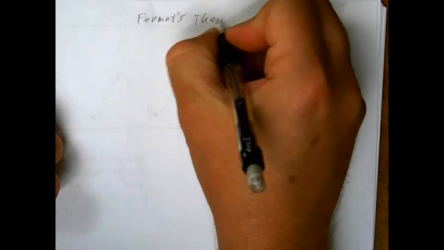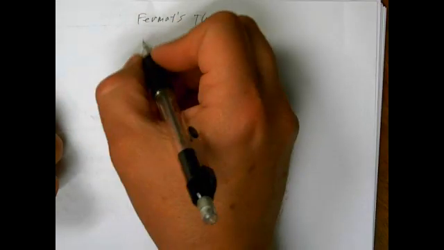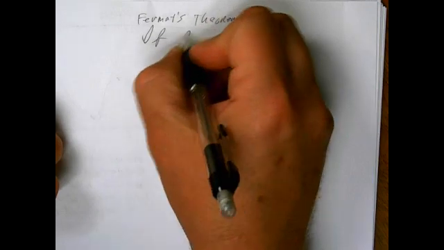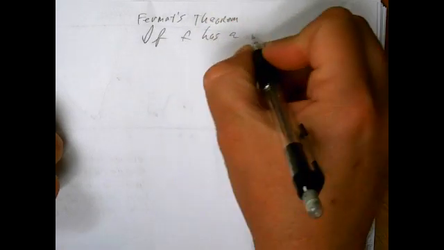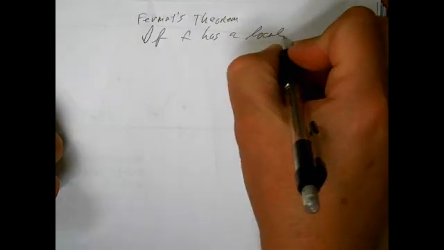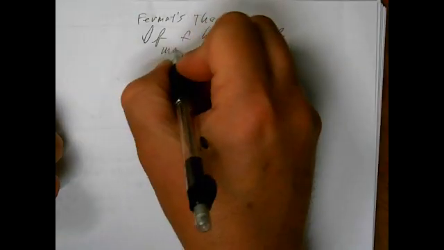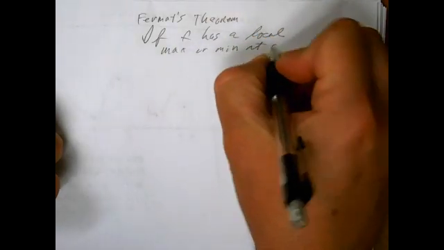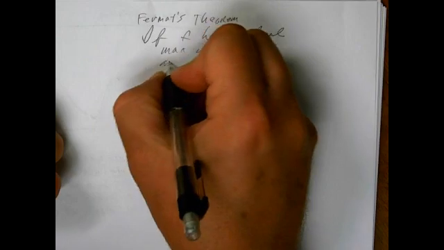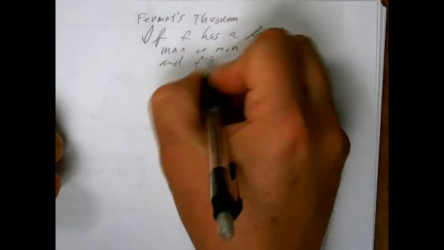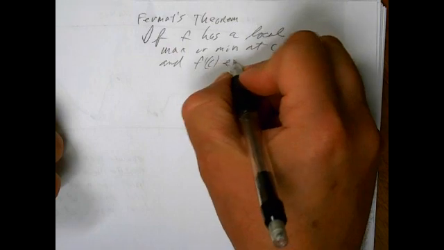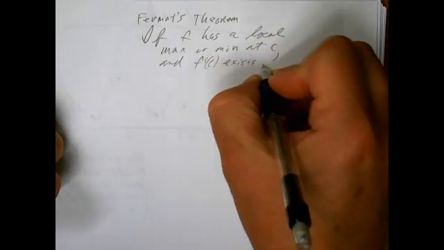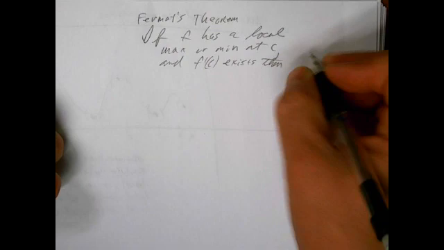And Fermat's theorem says that if f has a local max or min at some number c, and f prime of c exists, then f prime of c is equal to 0.